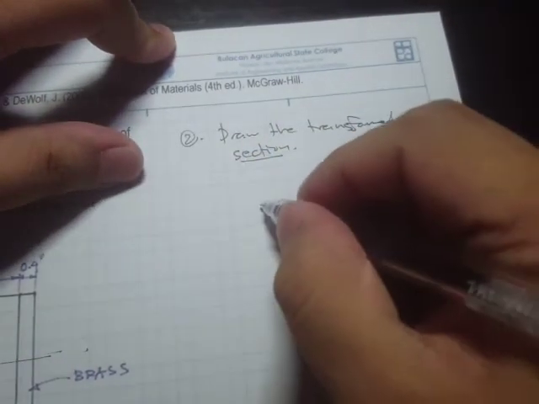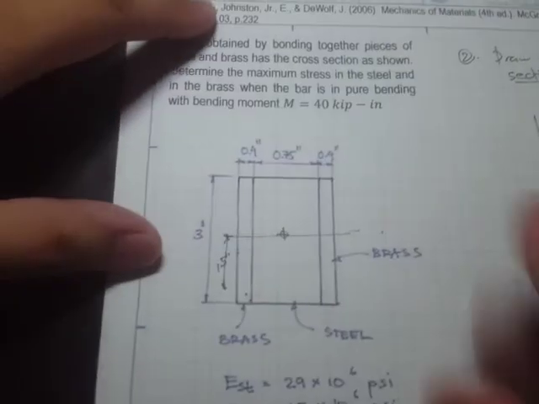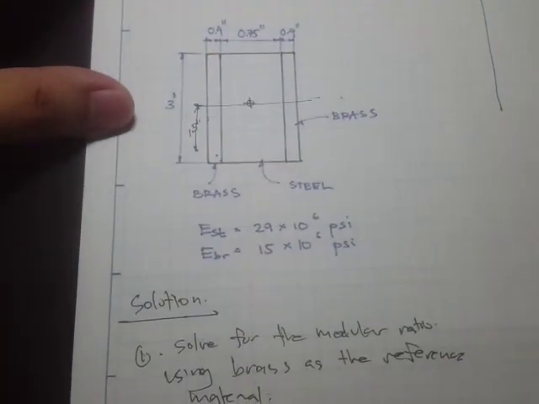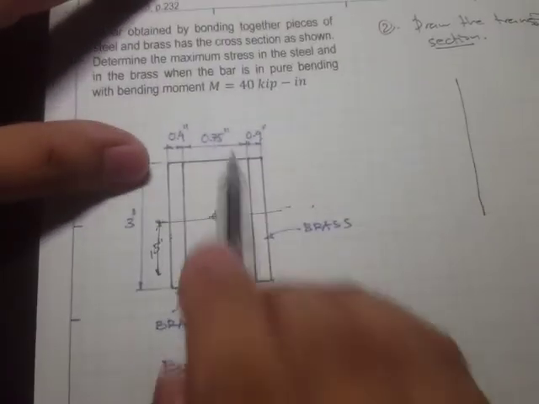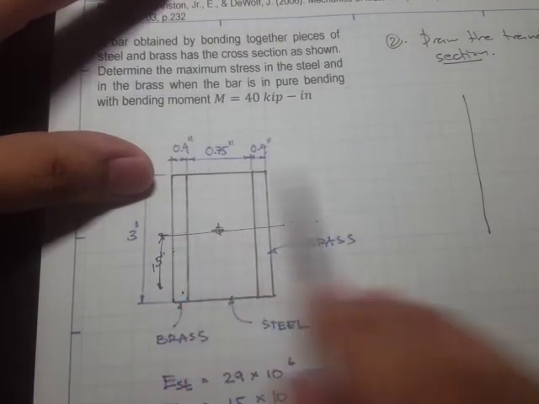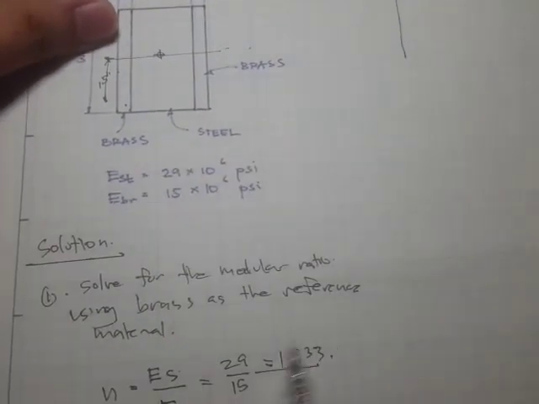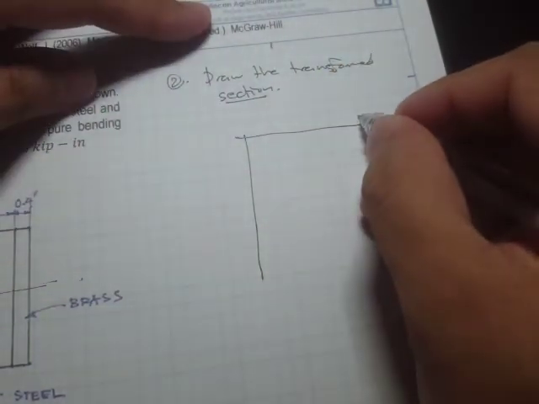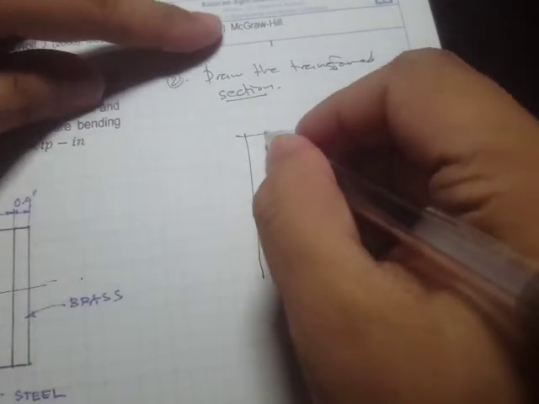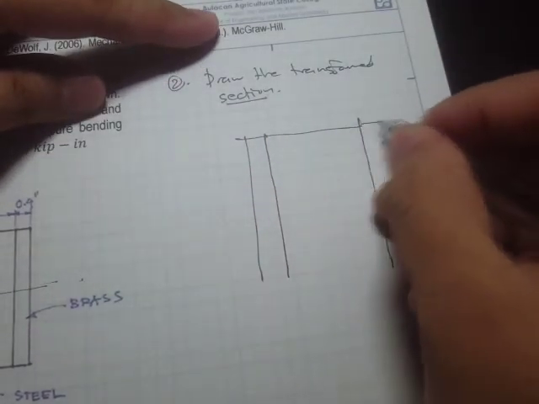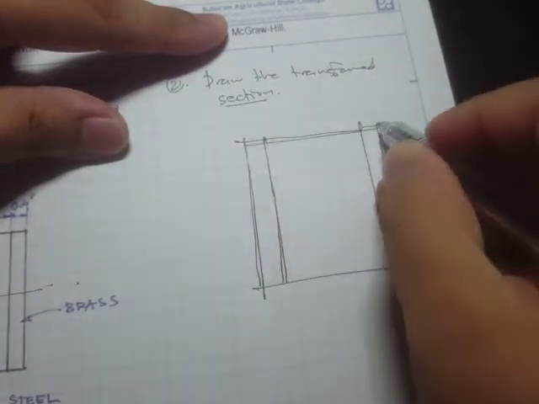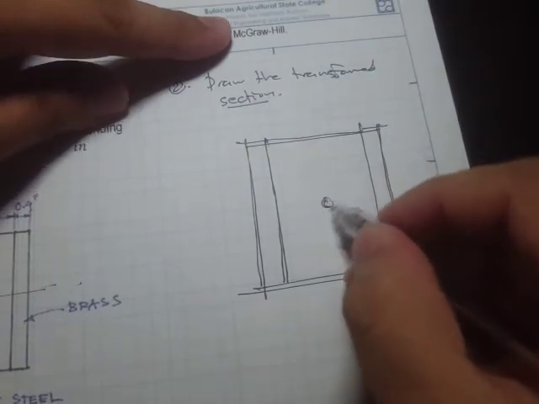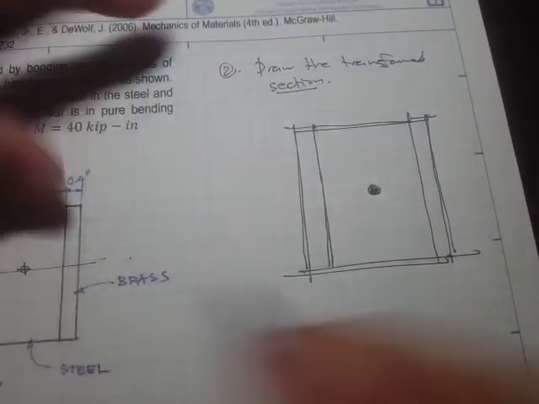Okay, so here's our transformed section. We are going to transform the steel. So instead of having 0.75, it will be something larger because our modular ratio is 1.9. The centroid is just right here at the midpoint.